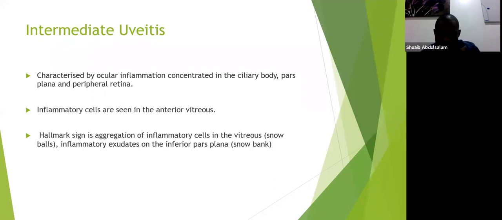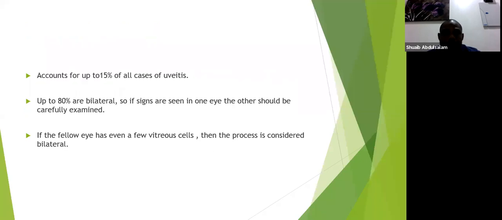Then for intermediate uveitis, usually the inflammation is concentrated in the ciliary body, the pars plana, and the peripheral retina. Usually you see inflammatory cells in the anterior vitreous, but the hallmark sign is aggregation of inflammatory cells in the vitreous, the snowballs, and inflammatory exudates in the pars plana, which is the snowbank.